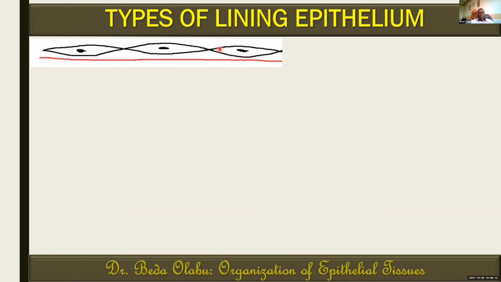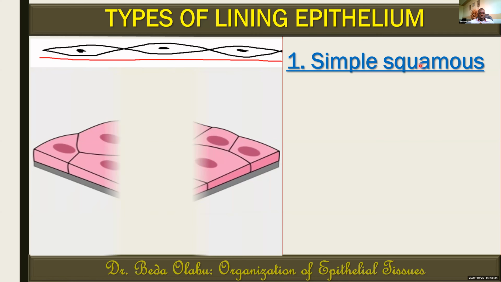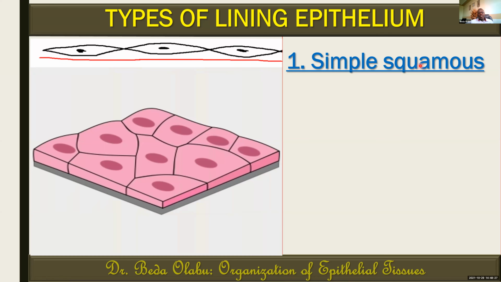Here, we are seeing one layer of flat cells, and all the cells rest on the basal lamina. So you want to call this one simple squamous epithelium. It means one layer of flat cells. Simple for one layer and squamous for flat.